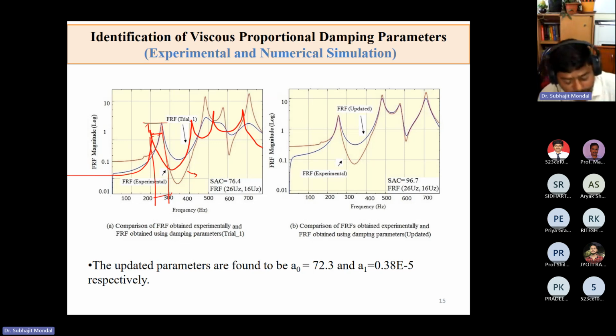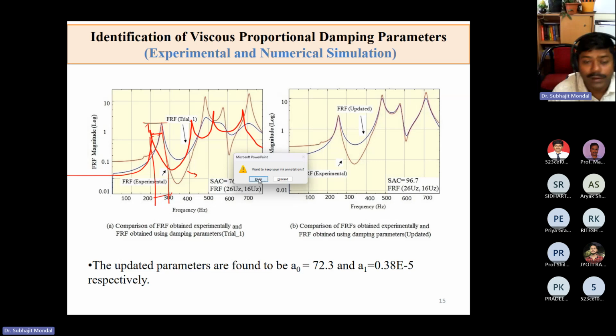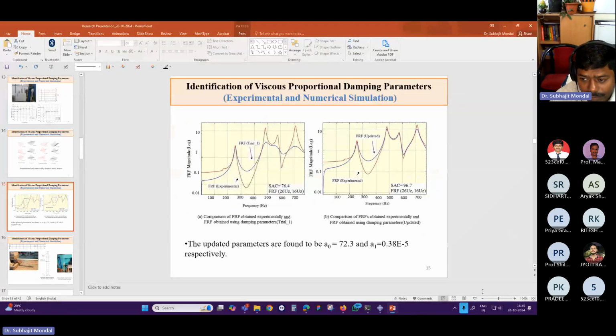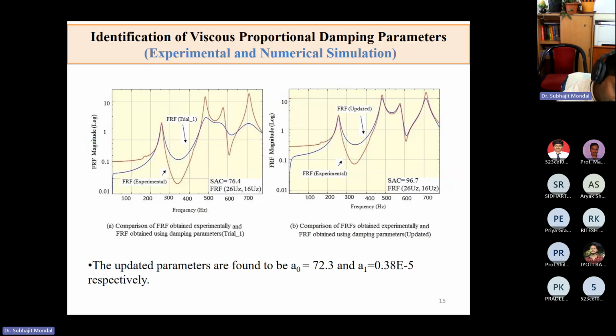Now how to deal with such a situation? Here what we can do is some updating. You can do the updating of the numerical model in a manual way. How can we do that? Now come to the composite part.